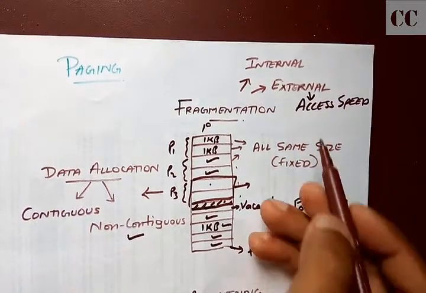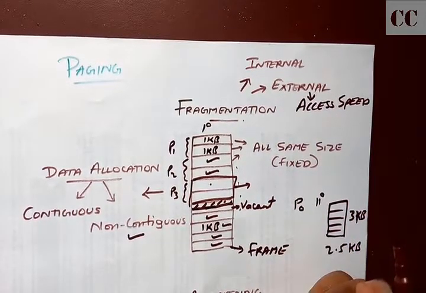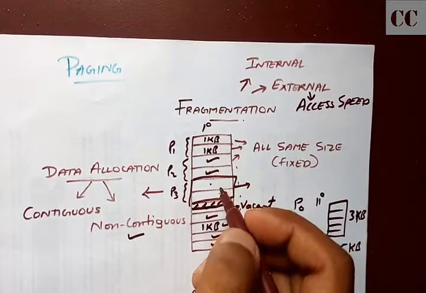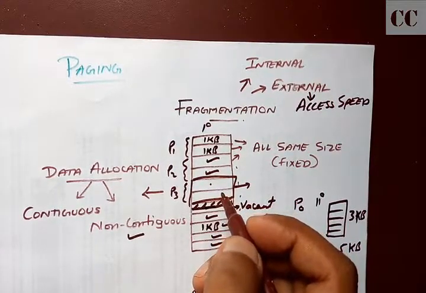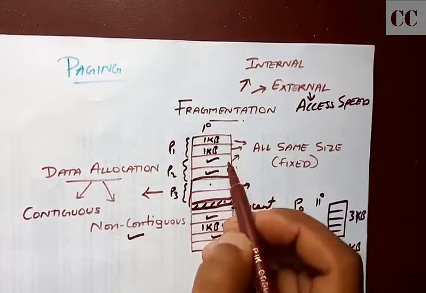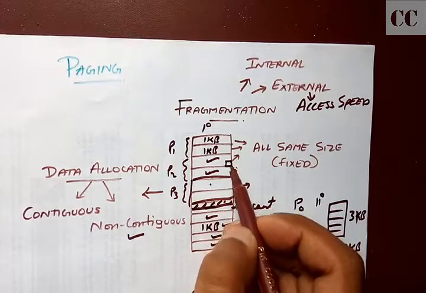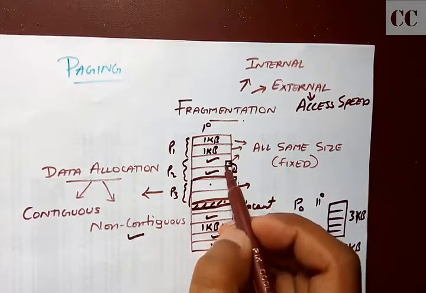So this access speed can be increased with the help of a similar concept, where we can implement a sort of linked list. If this is the first slot, we can provide a link to the next slot at the end of this slot.